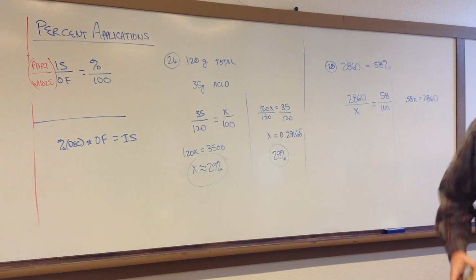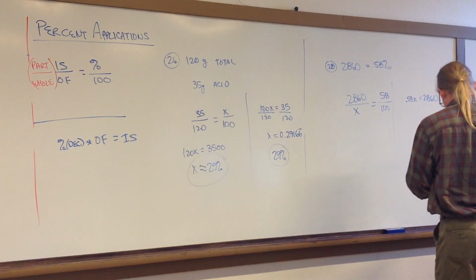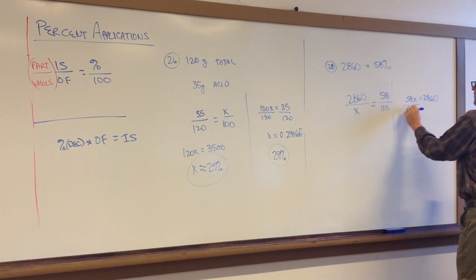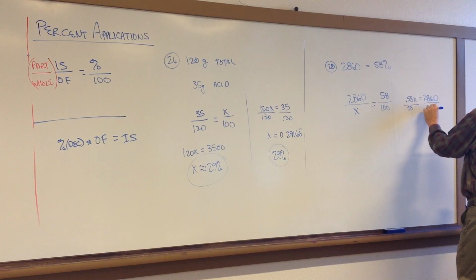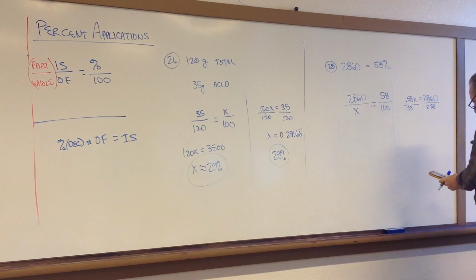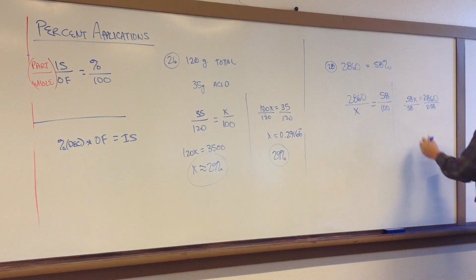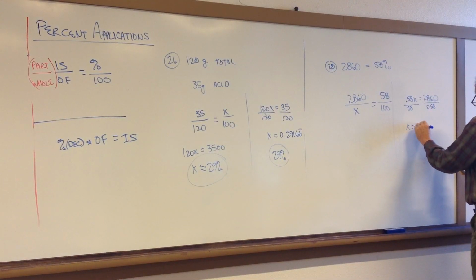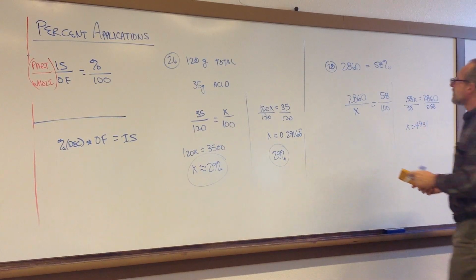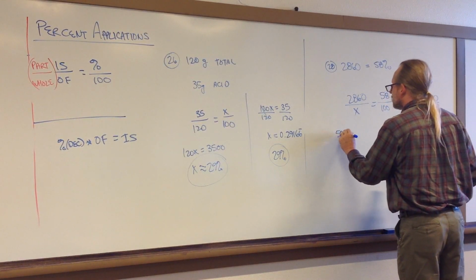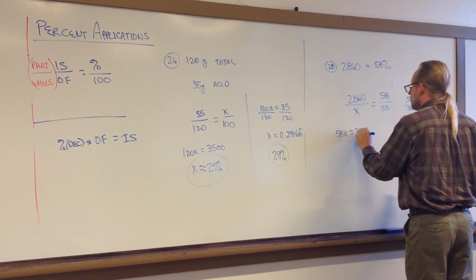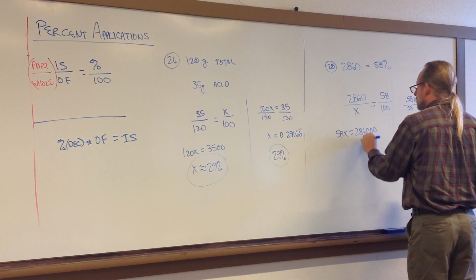All right, let's see here. So if we solve it this way, we divide on both sides by 0.58. 2,860 divided by 0.58 is approximately 4,931. Over here, 58x is 2,860 times 100.